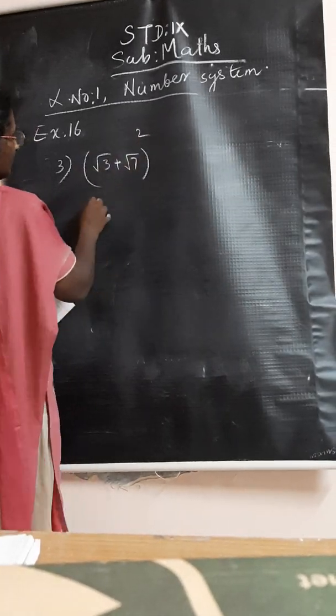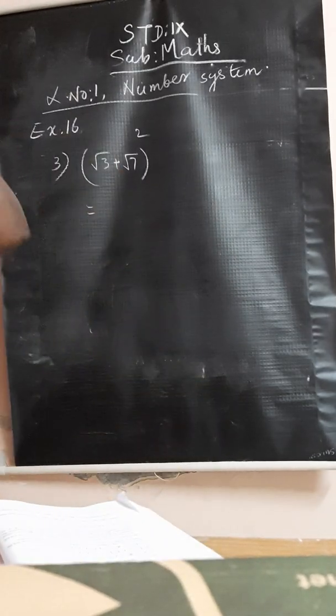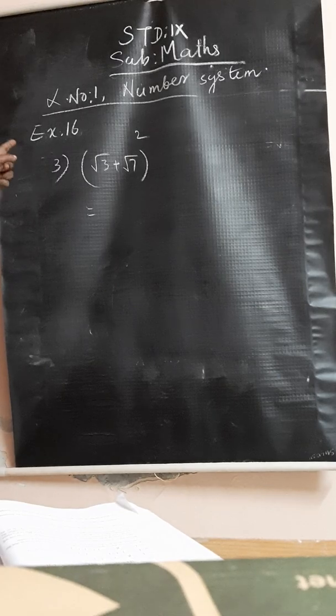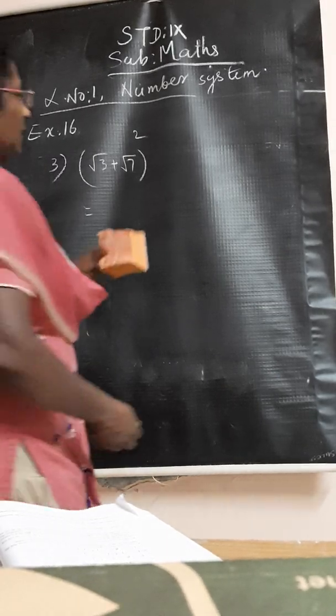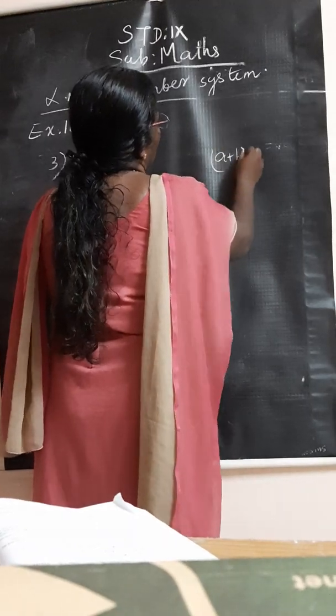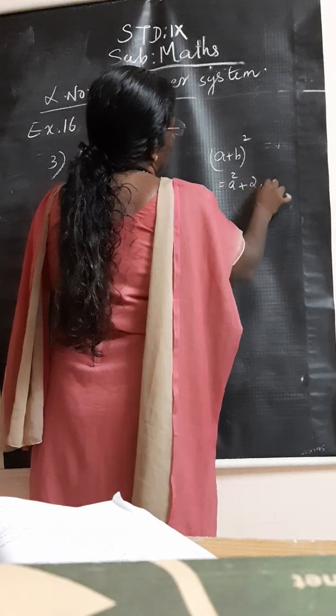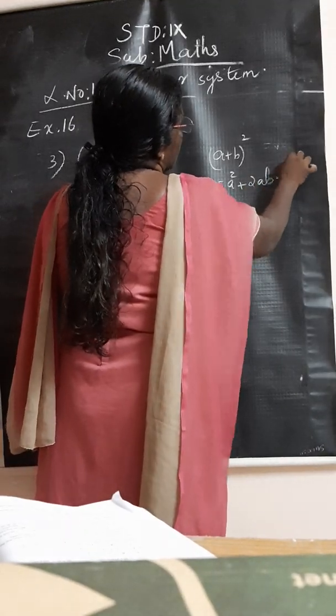Here, after seeing the question itself, we can understand which method to use. See here, the a plus b the whole square formula can be applied. So first you write the a plus b the whole square formula: a plus b the whole square is equal to a square plus 2ab plus b square.